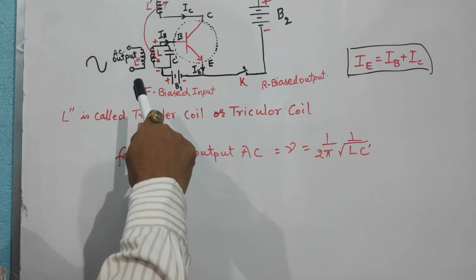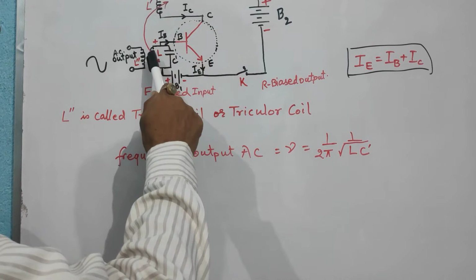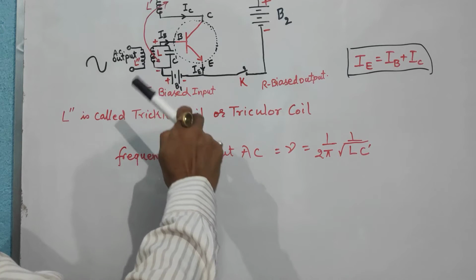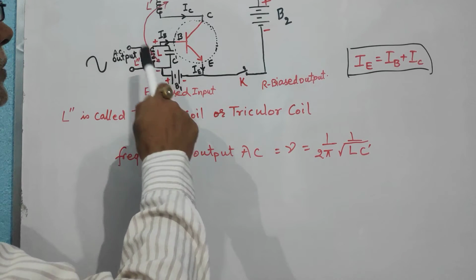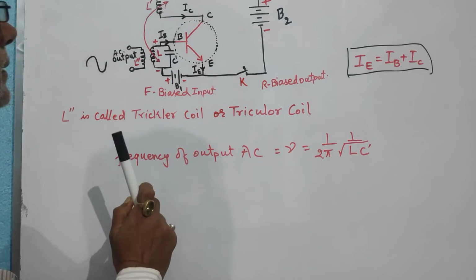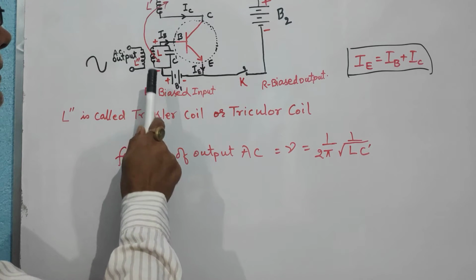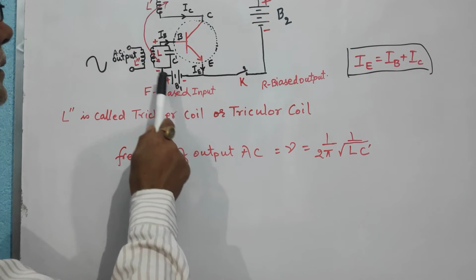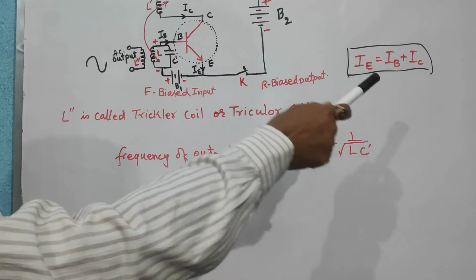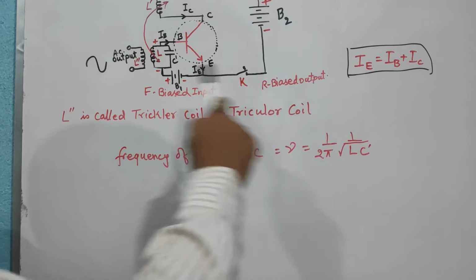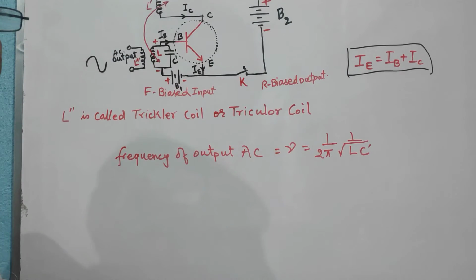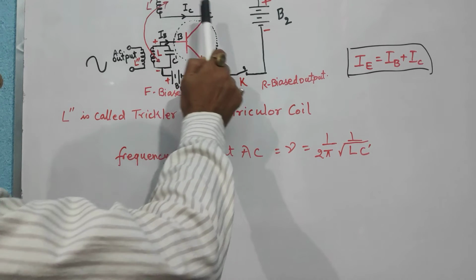Again L dash is mutually coupled with L, so EMF is again induced across the coil L, again supporting the forward bias, and the collector current again increases. This happens in a loop.